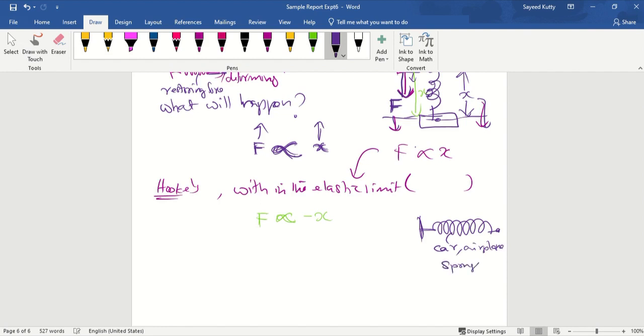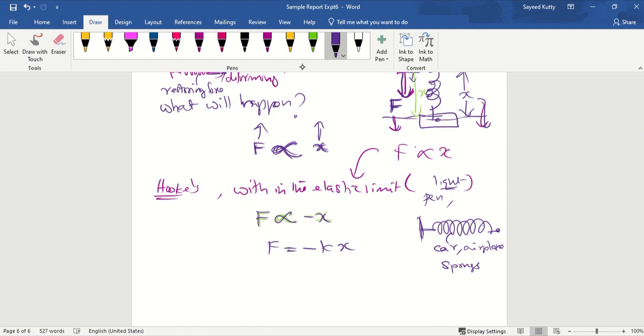Also you use springs in your pen, in your watch. All these are very light springs. The lightness or hardness of a spring is given in terms of this constant, that is what we call the spring constant. So F is directly proportional to X and F is equal to minus Kx, where K is a constant called the spring constant.